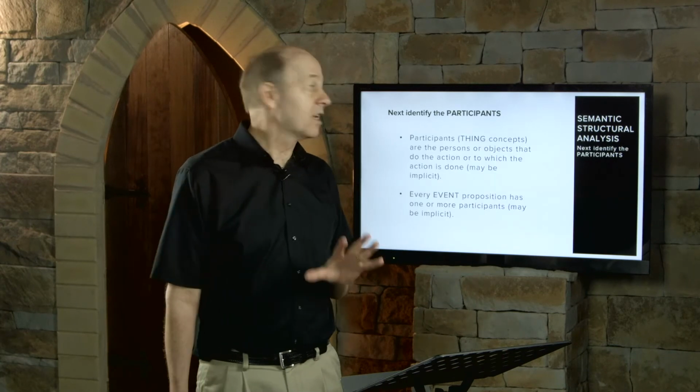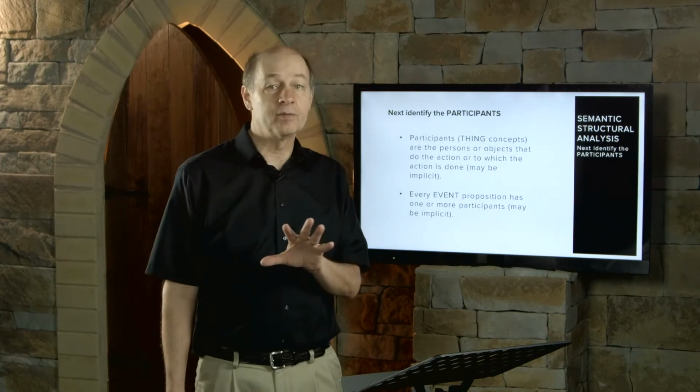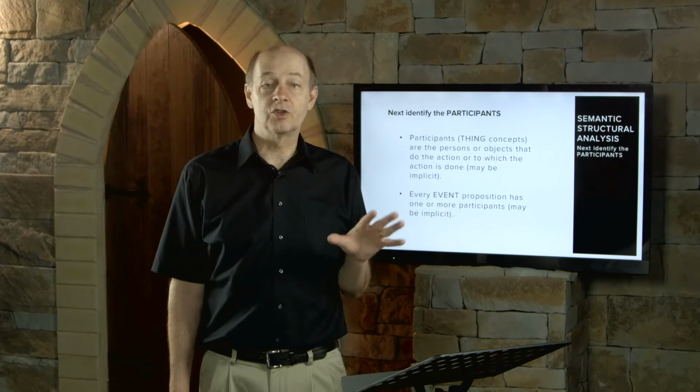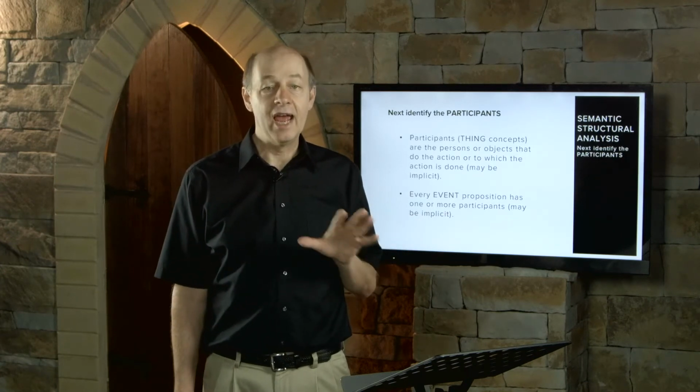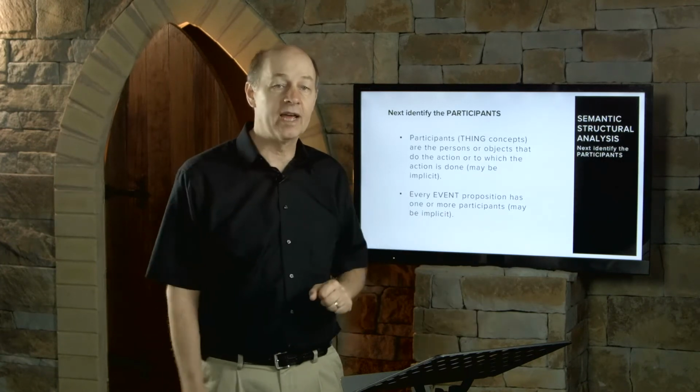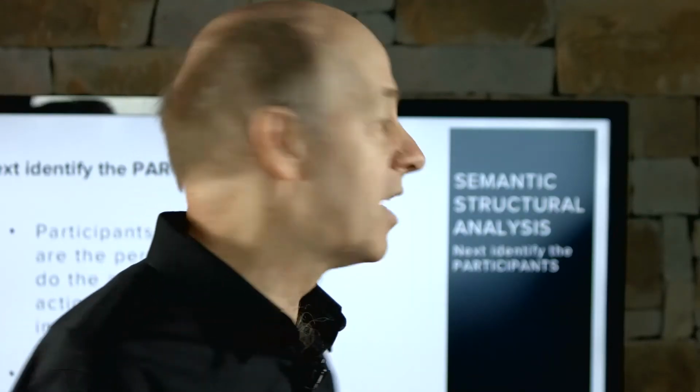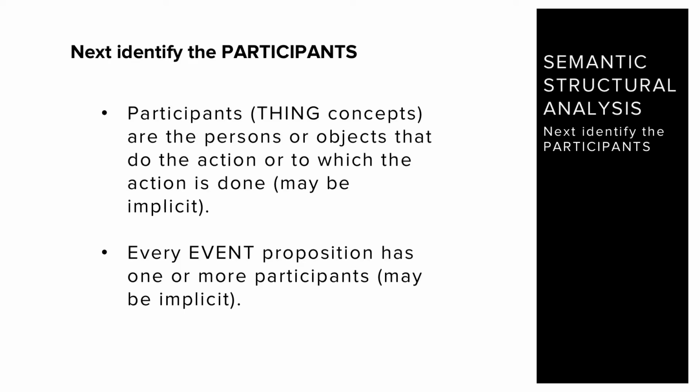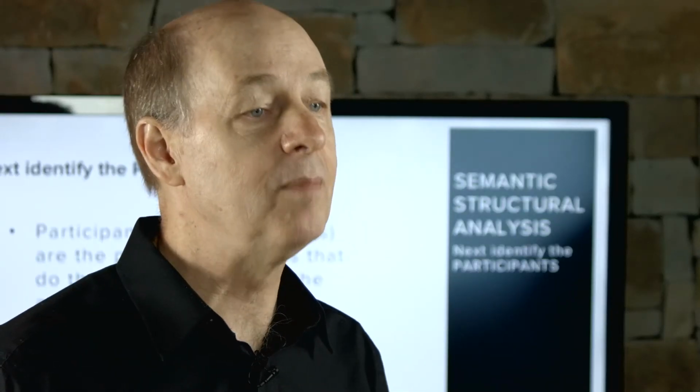So once we have identified the event concepts in a passage that we are going to translate or a body of text that we're analyzing, the next thing we want to do is identify the participants, or thing concepts, that are associated with each one of the events. The participants are the things, the persons or objects that do the action or to which the action is done. We need to remember that some of these may just be implied, they may be implicit.